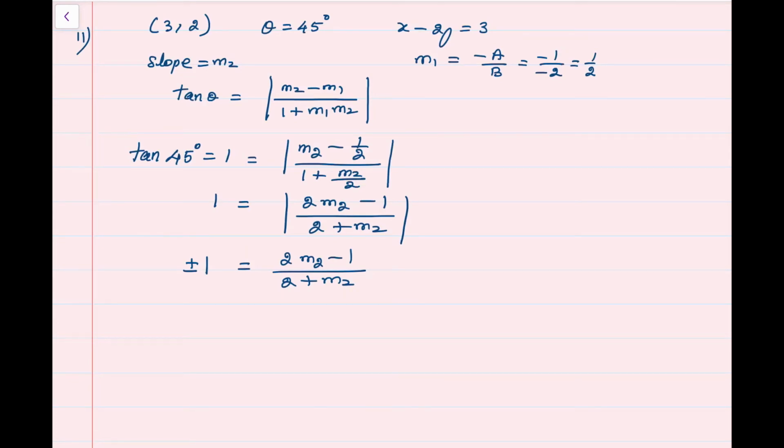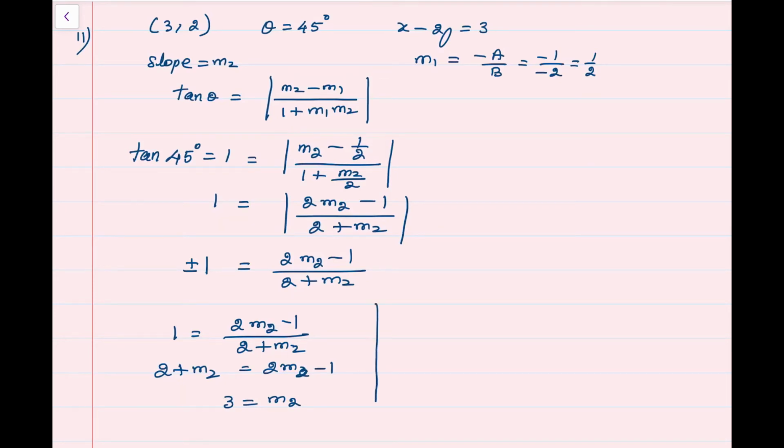The first one is 1 is equal to 2m2 minus 1 divided by 2 plus m2. Cross multiply. Therefore, we get m2 is equal to 3.